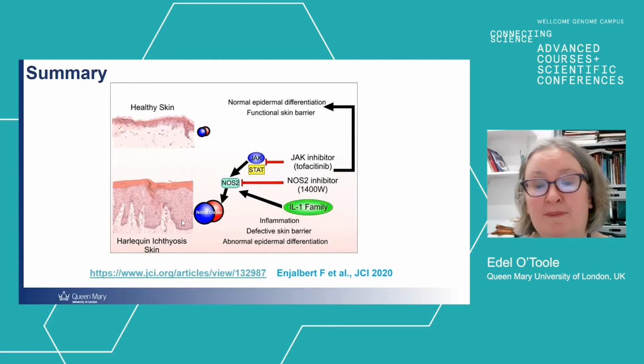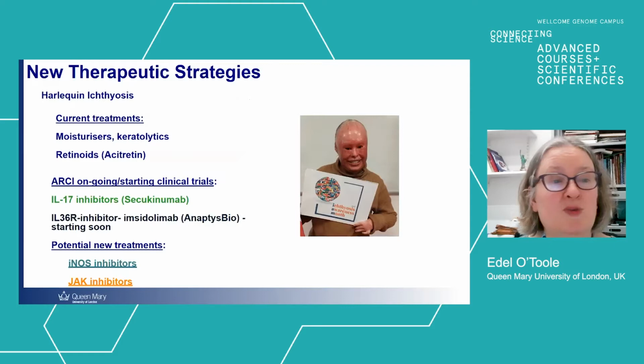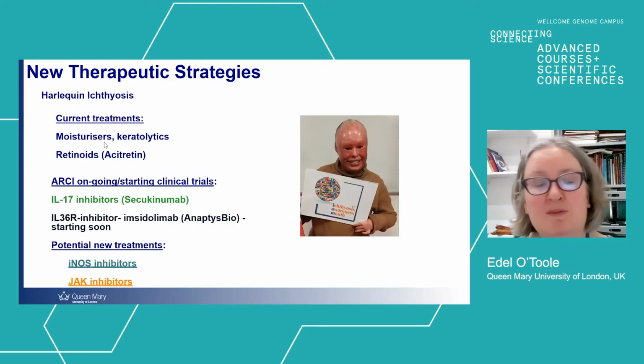And what does that mean for patients? So current treatments include moisturizers, keratolytics, manual exfoliation. Some patients take acitretin, but this is unsuitable for females of childbearing age because it's teratogenic.